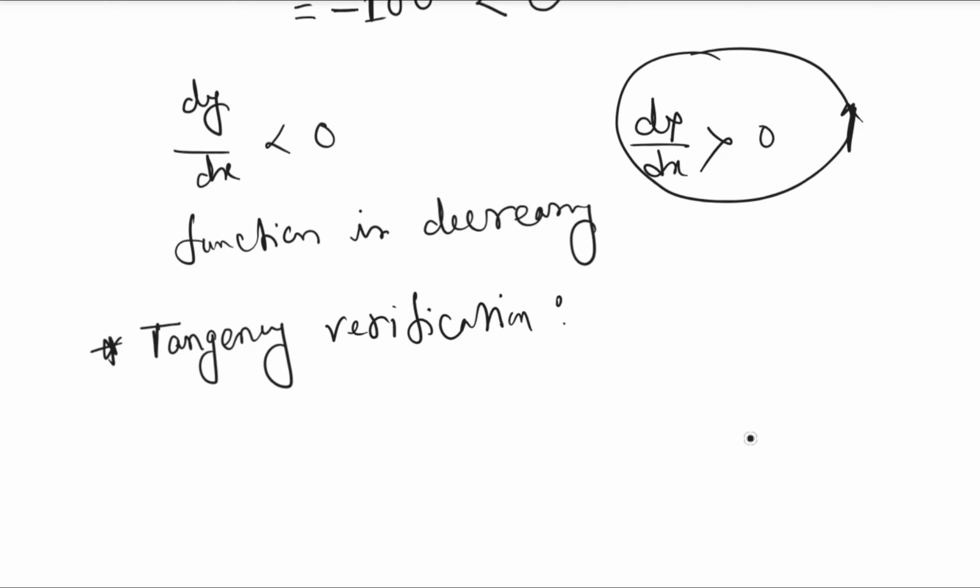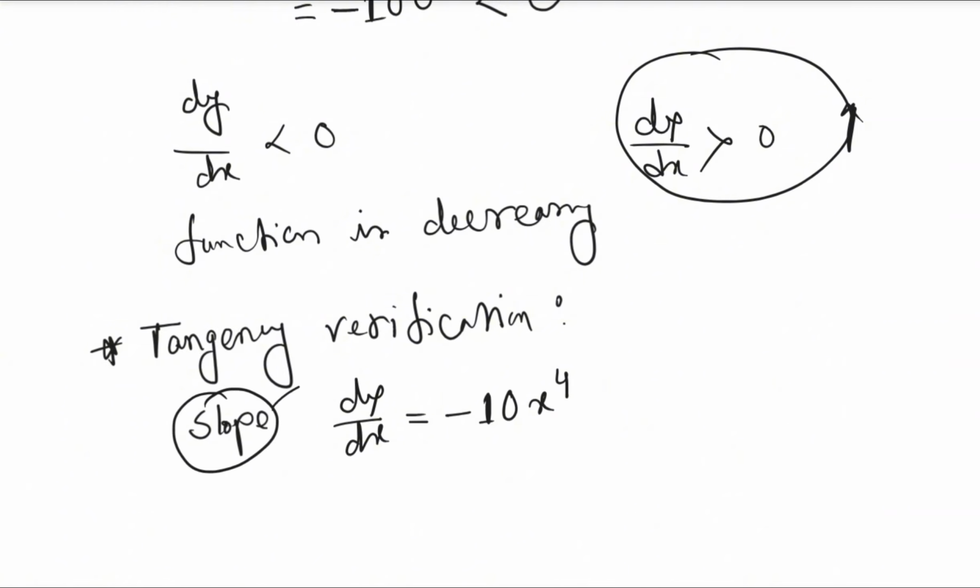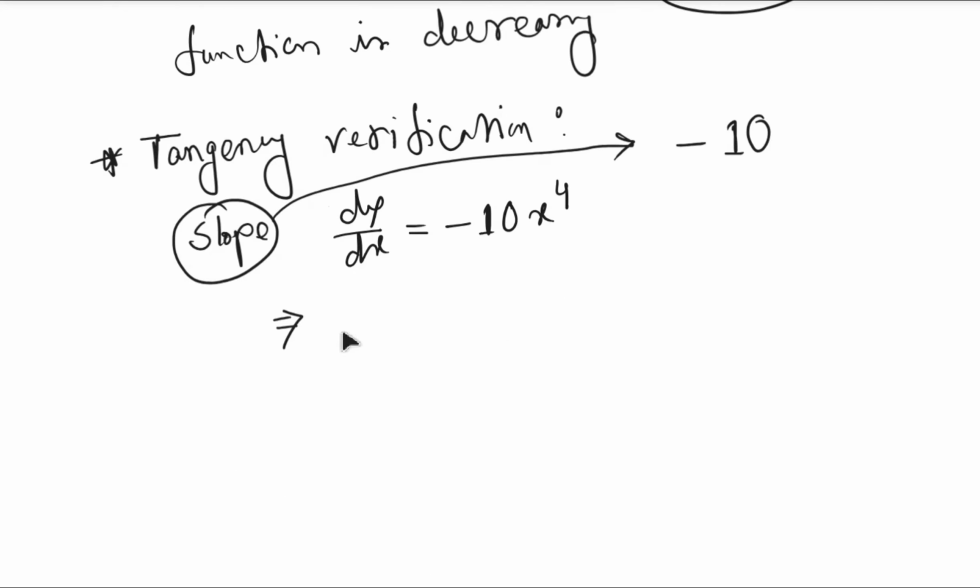right? So slope dy over dx is equal to minus 10x to the power 4, right? And what is the value of the slope?